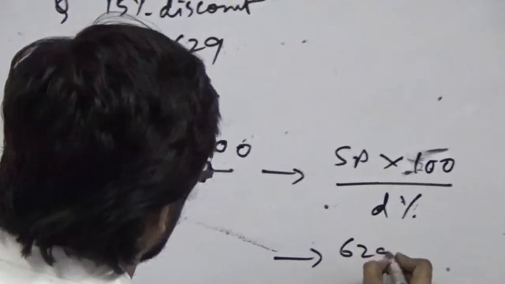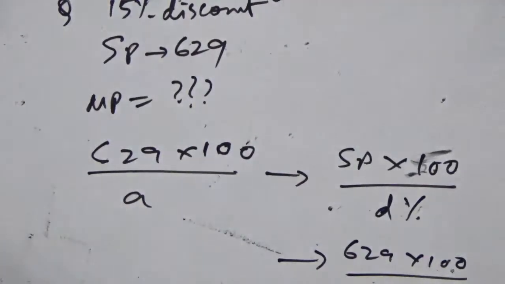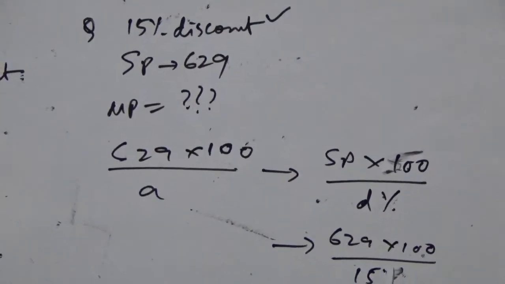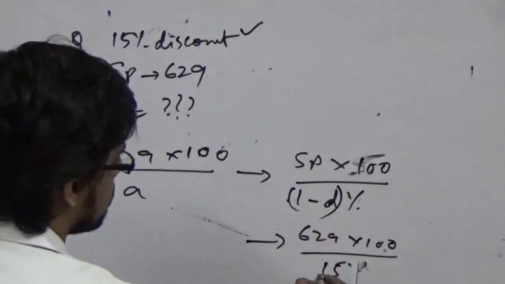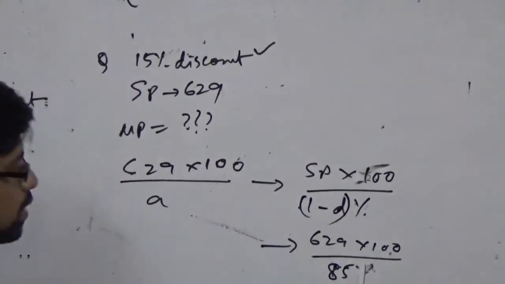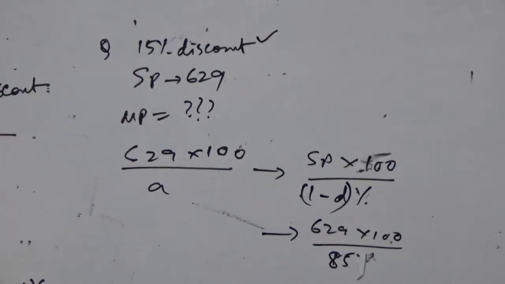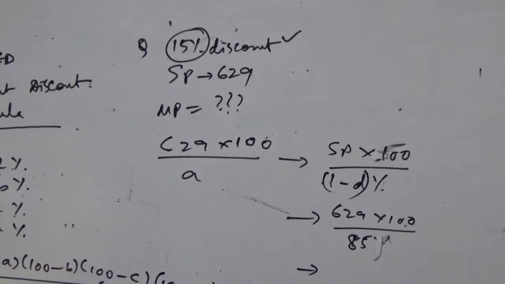So SP was 629 by 100 and the discount percentage was 15. But remember that this should be the rate after discount, so 1 minus D. So this is 85. Why 1 minus D? Because after 15% discount, that's why we are putting this 85.